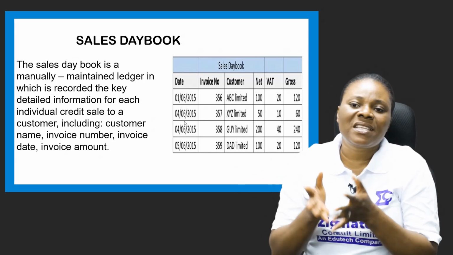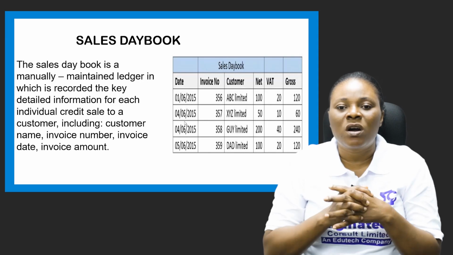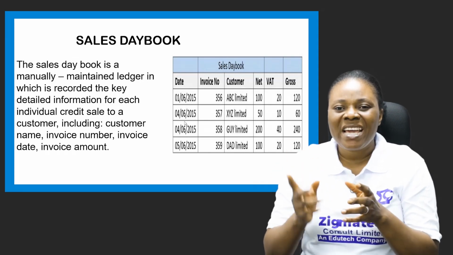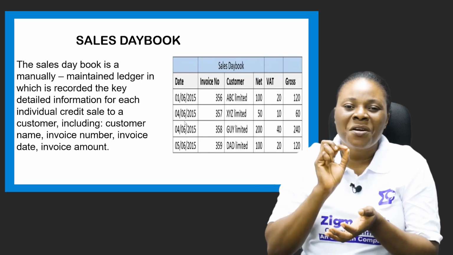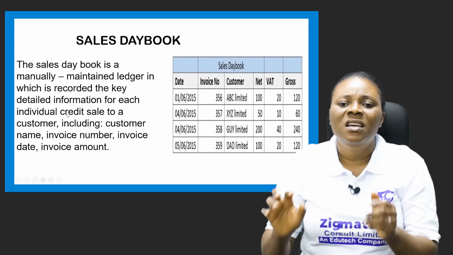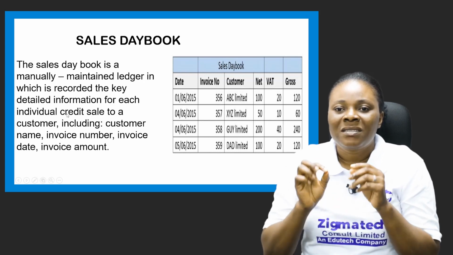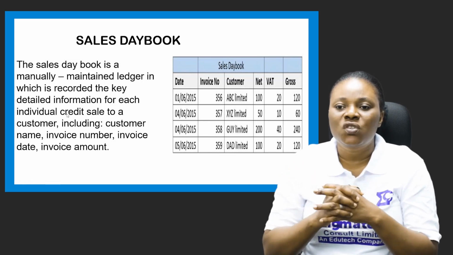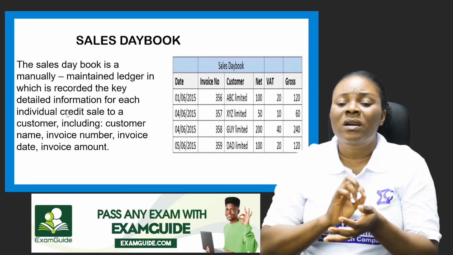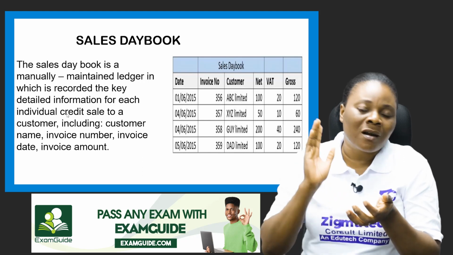It's a manually maintained ledger in which is recorded the key detailed information for each individual credit sale. You can underline the word credit sale. That is what the sales day book is used for. The sales day book is basically used to keep record of all credit sales.